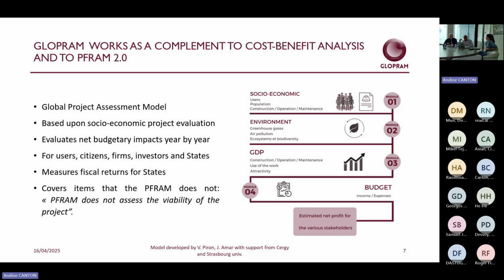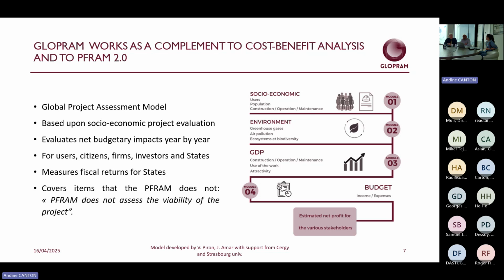So if we compare with the PFRAM, PFRAM aims to estimate a PPP project macro fiscal implication based on a limited amount of information, typically included in the project financial model and the analyst assumption. As a result, it gives a broad idea about the potential fiscal cost and risk of a project.